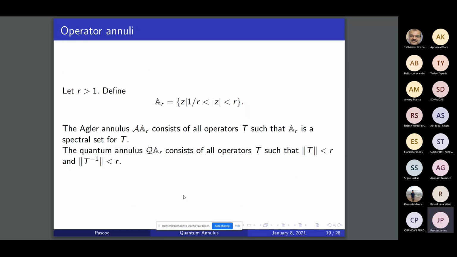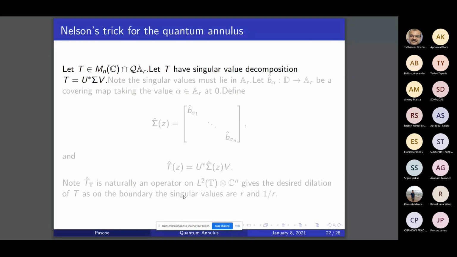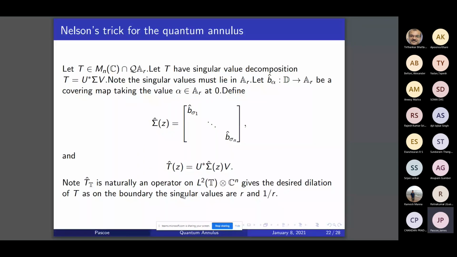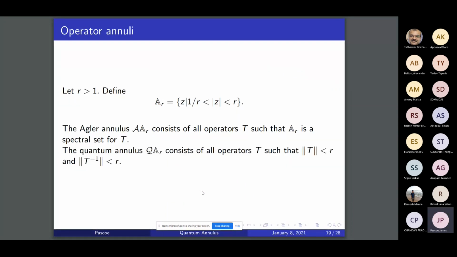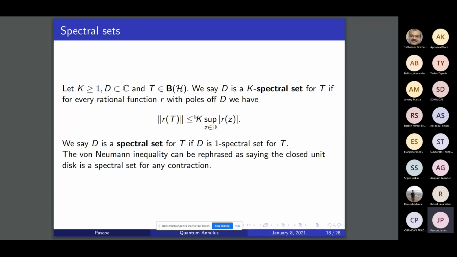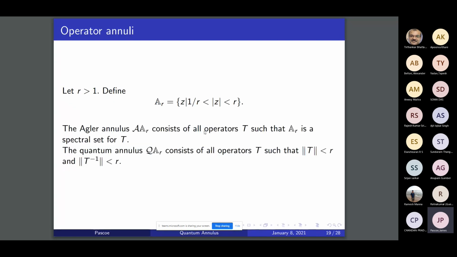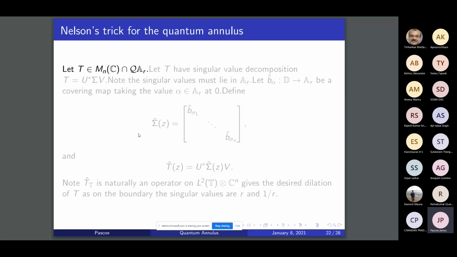We don't really have a nice analog of the von Neumann inequality here, and that's because there's a gap between this algebraic annulus and the quantum annulus, in the sense that for elements of the quantum annulus, we only know that the annulus is a 1 plus square root 2 spectral set, and we know that it's not actually a spectral set. So there are elements inside of this quantum annulus which are not in this algebraic annulus.